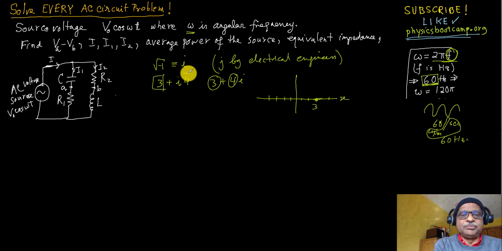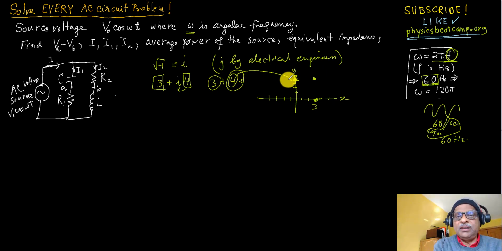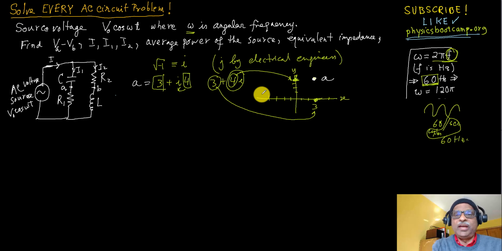And the number that multiplies i, I'm going to plot along the y-axis, using the same scale for these two. So 4 is over here, 3 is over here, and this is the point that represents this number, which if we call it A, that point represents value A, and A is a complex number.